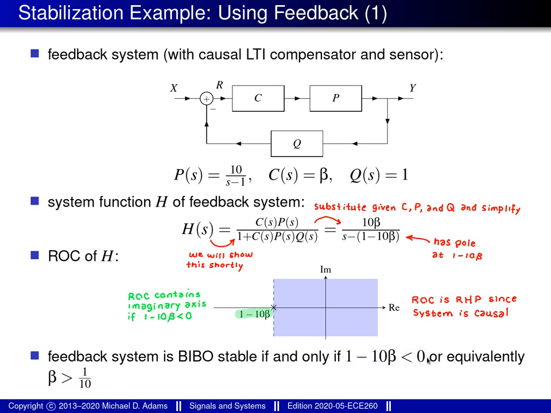Furthermore, we can rearrange this inequality and solve for beta to obtain beta is greater than 1/10. Therefore, we conclude that the system shown in the block diagram will be BIBO stable provided beta is greater than 1/10. In order to complete this part of the example, it still remains for us to show how the formula for h was derived. This is what we'll do next.